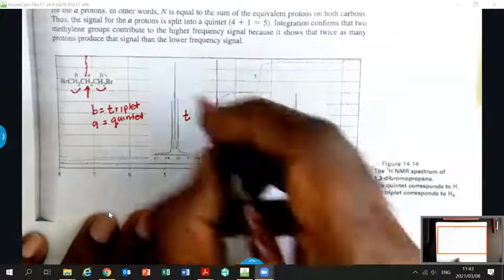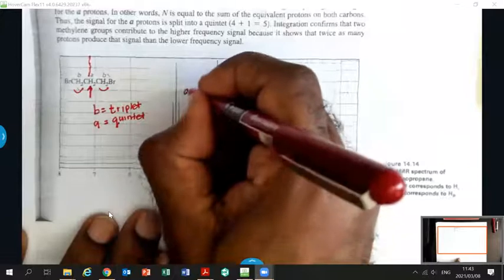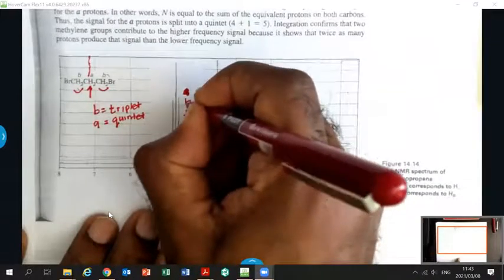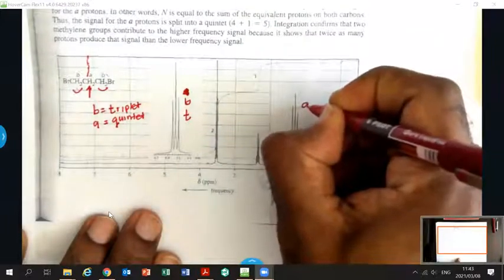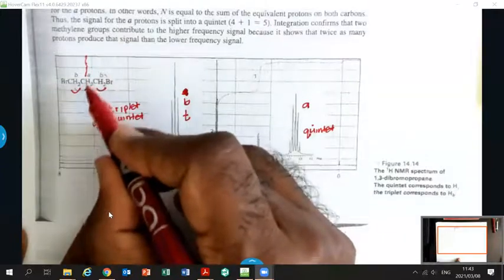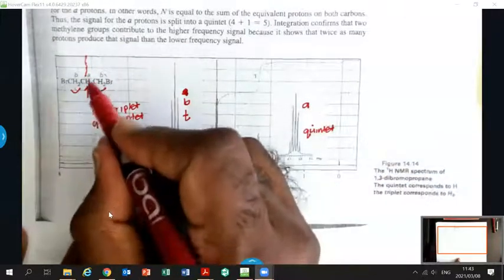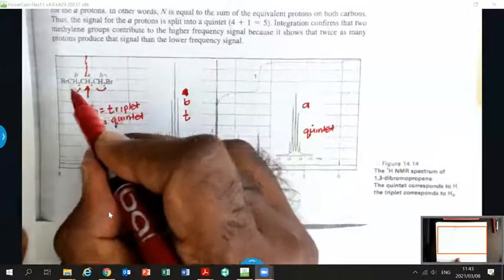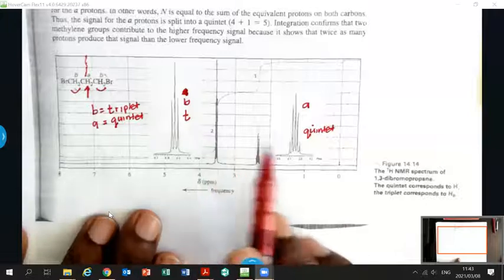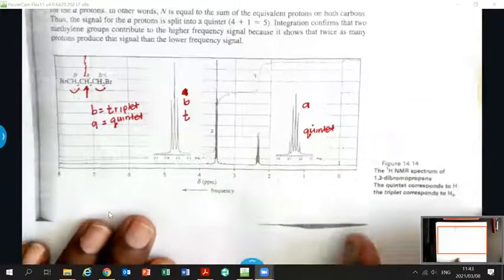So you can see very easily that this is my B proton, and this is my A proton. The B proton is a triplet because it's next to the CH2, and the A proton is a quintet because it's next to 1, 2, 3, 4 equivalent protons. So a simple spectrum with 2 peaks, a triplet and a quintet.